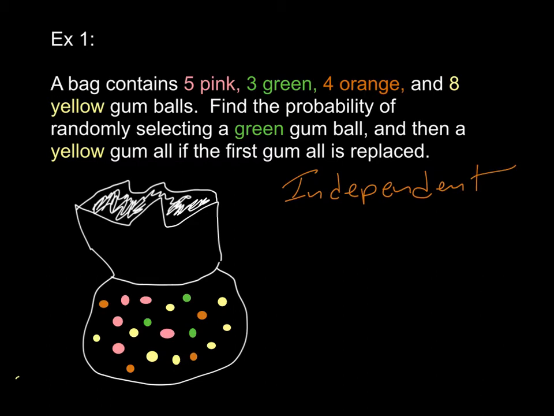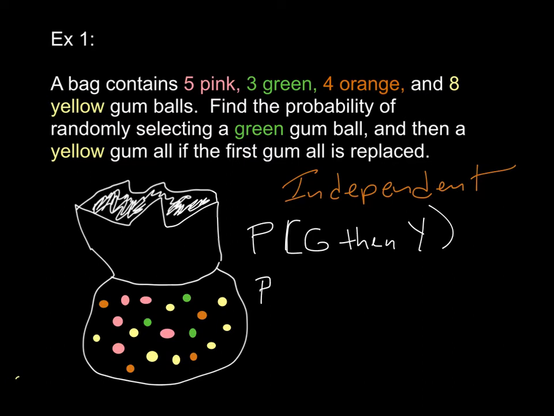So now, what we're trying to find is the probability of picking a green and then a yellow. So we're going to write it like this. Probability of a green then yellow. And we're going to find the probability of each one of these things separately.